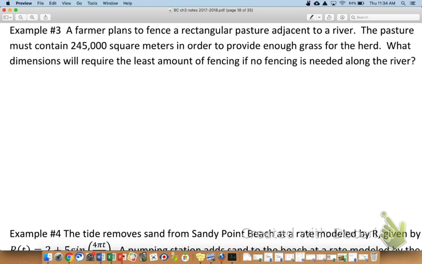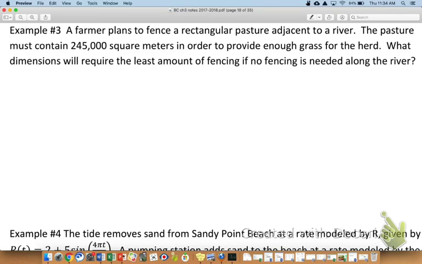I remember last year I gave you guys a question on a quiz where this guy wanted to create some fences for his two dogs because they fought a lot, and there were all these different divisions within the kennels. So these can be interesting to visualize for sure. The pasture has to contain 245,000 square meters.